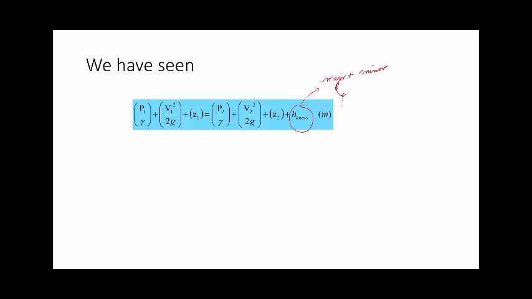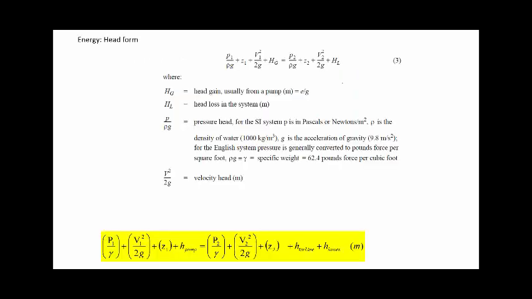And the major losses are due to friction, okay? Next Thursday, we'll talk about how to calculate the minor losses, but today we're just going to concentrate on my major losses and then add something else to the Bernoulli equation.